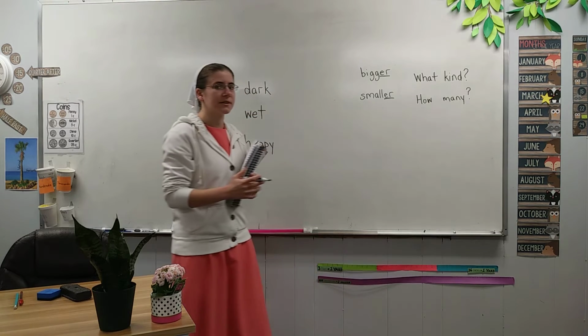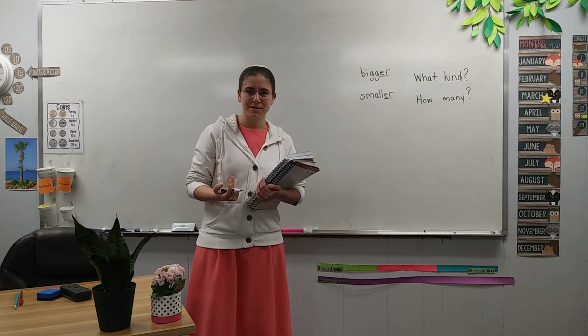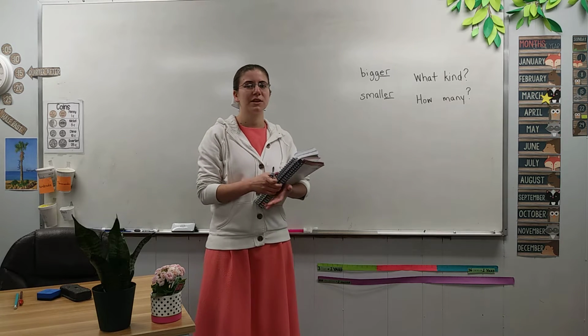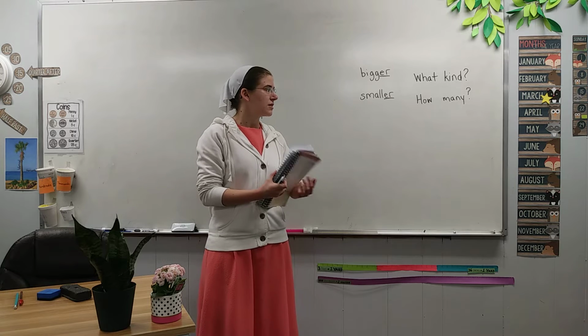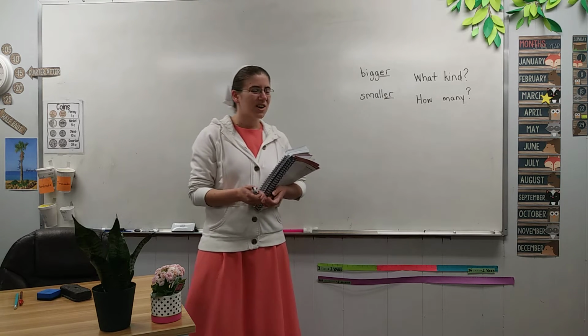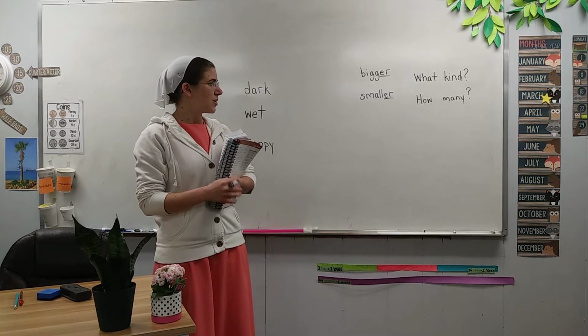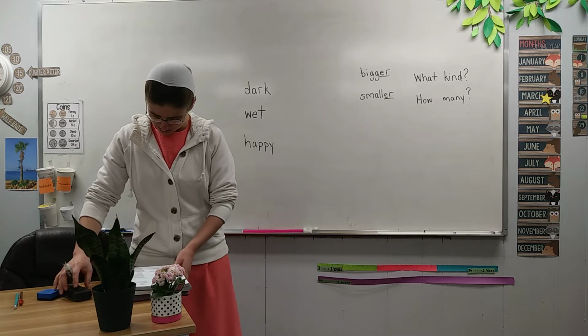We added the suffix ER to compare two things. When we're comparing two things, we use the suffix ER added to the end of an adjective. Alright, so we can also compare 3 or more things by using an adjective.